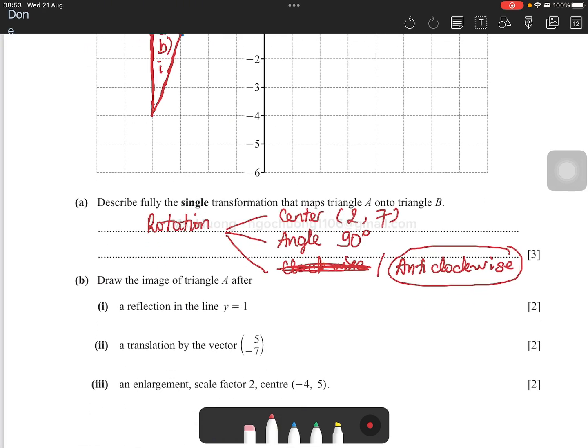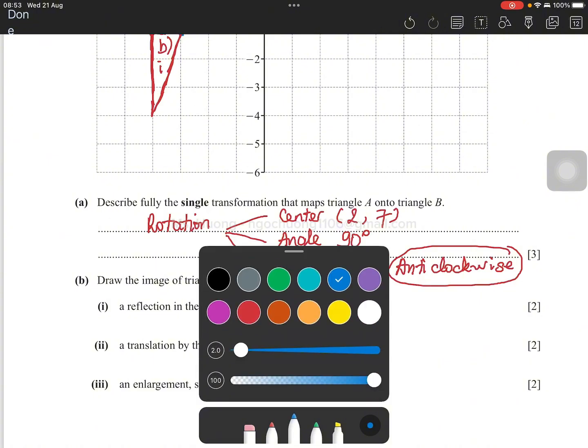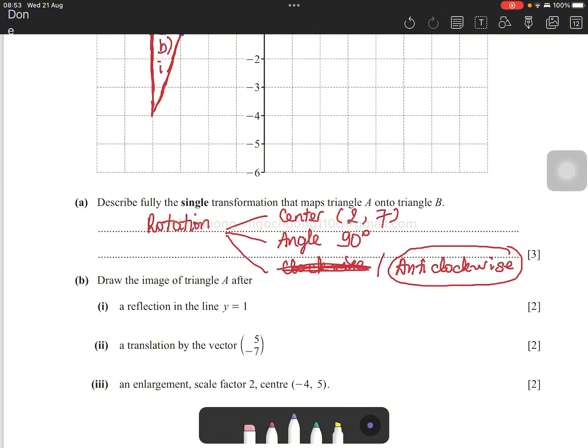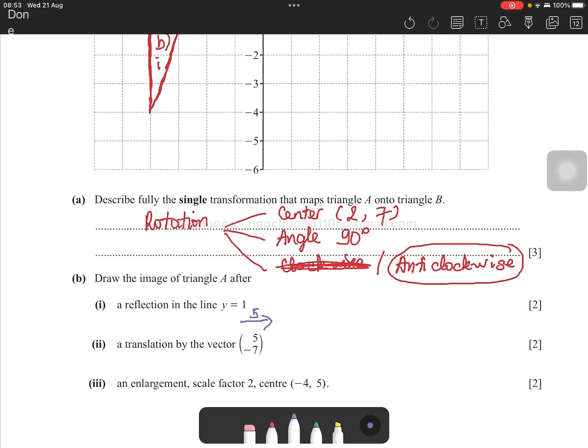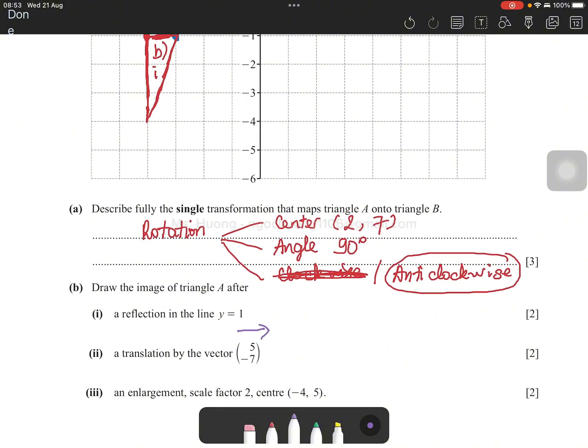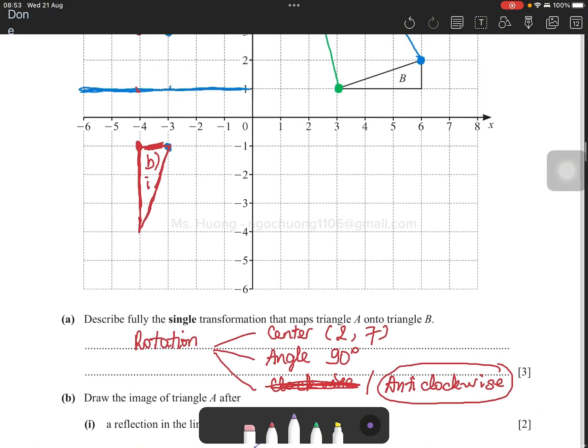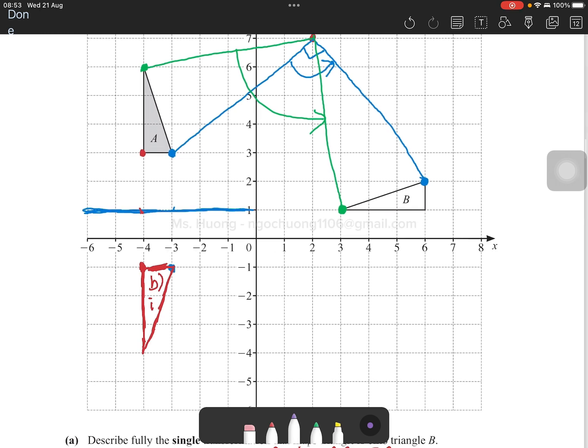B2. Draw the image of triangle A after a translation by vector (5, -7). So 5 means we move to the right 5 units, and negative 7 means we move down 7 units. So let's start from this point. And then we move to the right 1, 2, 3, 4, 5 units to the right.